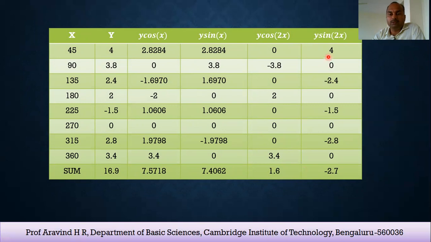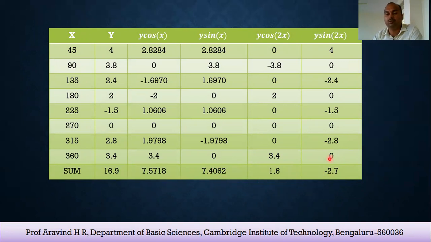Similarly, y sin 2x: y is 4, sin 2 into 45, that is 90, so it will be 4. Similarly, 3.8 into sin 2 into 90, that is 180, it will be 0. Then 2.4 into sin of 2 into 135, that is 270. Similarly, you calculate all these values till the last row and add them, and it will be 2.7. We got the sums of y cos x, y cos 2x, y sin x, and y sin 2x using these values.